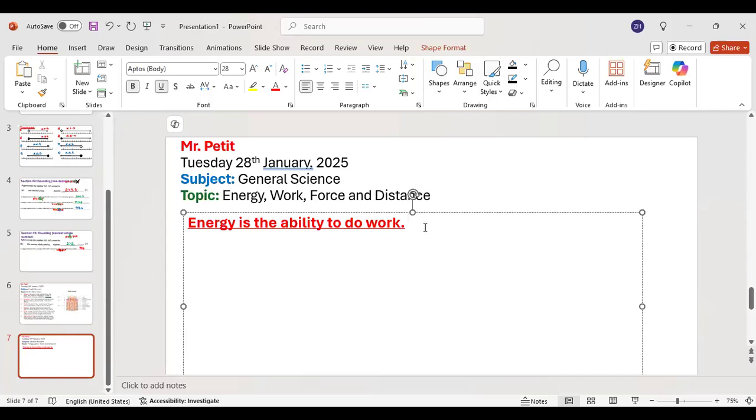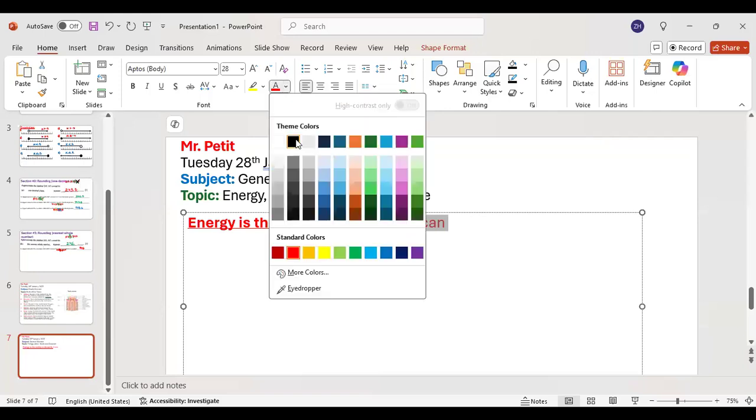So energy is the ability to do work. Once something has the ability to do work, we say energy. Energy is this thing that could be used up. Whenever work is done, energy is used. That's the technical definition.